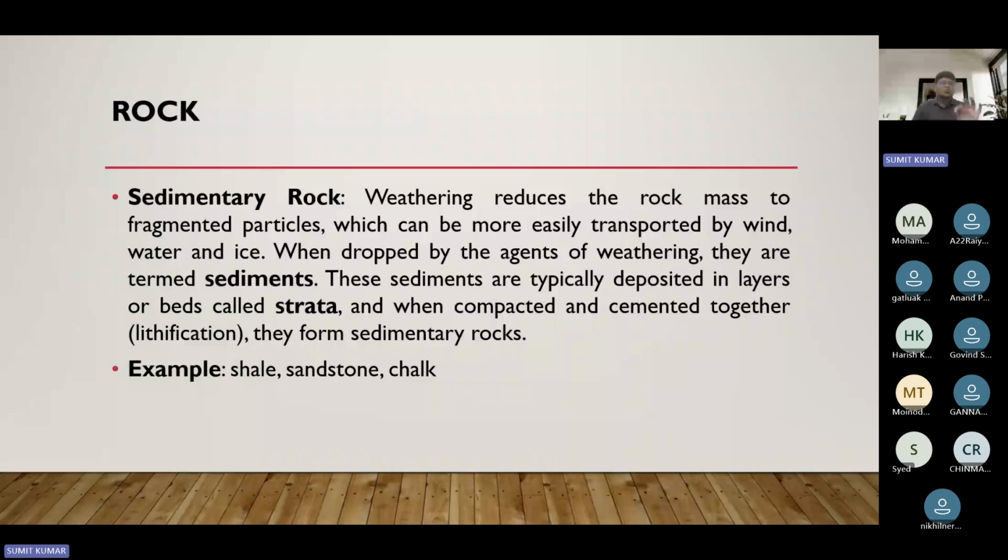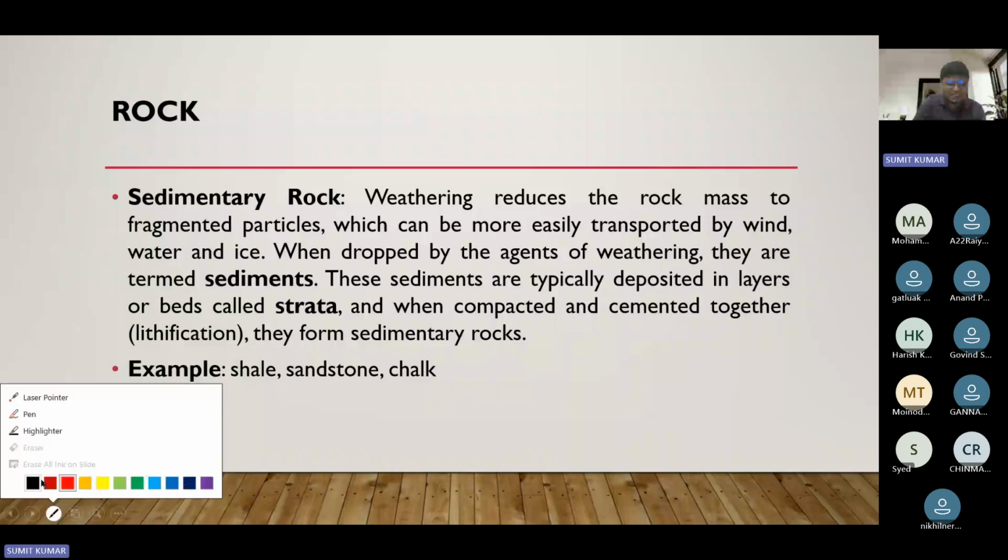So when soil gets deposited in different layers, like an organic soil layer at the top, an inorganic layer in between, or maybe a soft layer between two hard layers, they form three strata, right? I need to draw something to show the stratified soil.